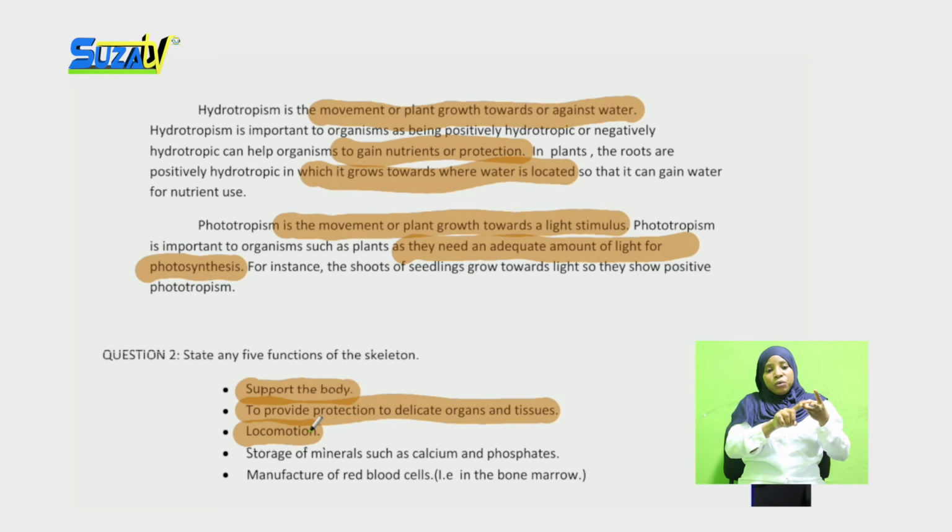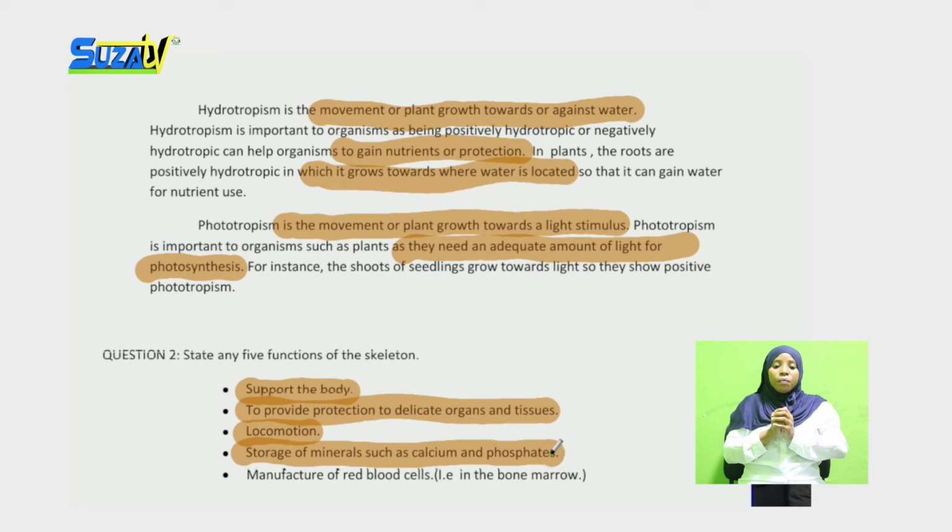Locomotion. The skeleton functions as an anchor for muscles, so that when muscles contract and relax, it helps with movement. Another one is storage of minerals such as calcium and phosphates.